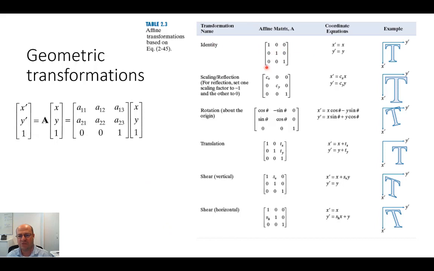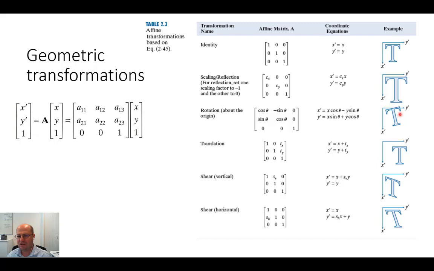So this is the identity matrix. This is scaling and reflection by a factor of Cx. This is the rotation. So if the original image is T here, applying the identity, I get T again. From the original T, applying a scaling, I get either a larger T or a smaller T, a T in a different scale.